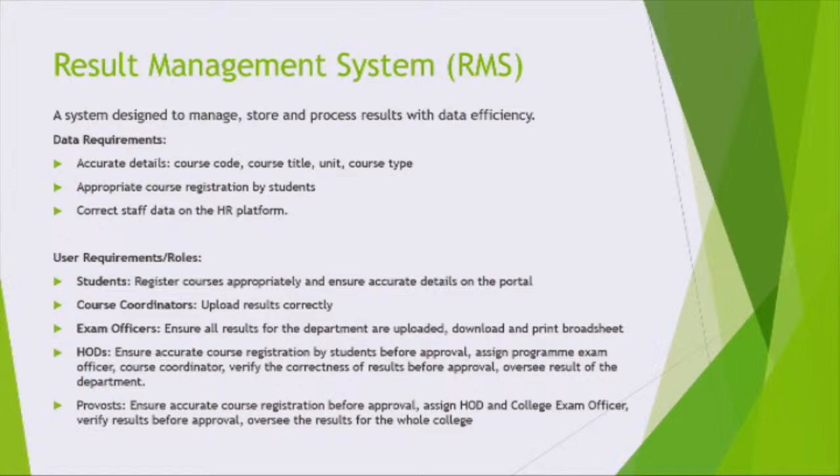Accurate details are important. For the RMS to work properly, we have to ensure that the course codes are correct, course titles are correct, and units and course type are correct. All these things are very vital for us to have an effective system. Also, appropriate course registration by students.